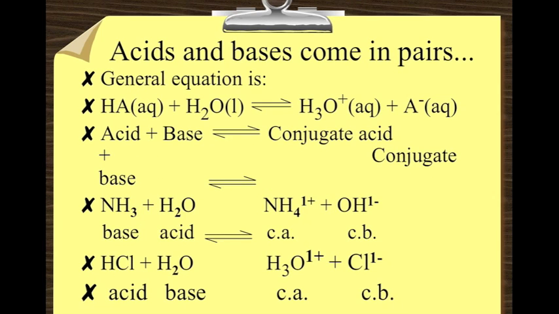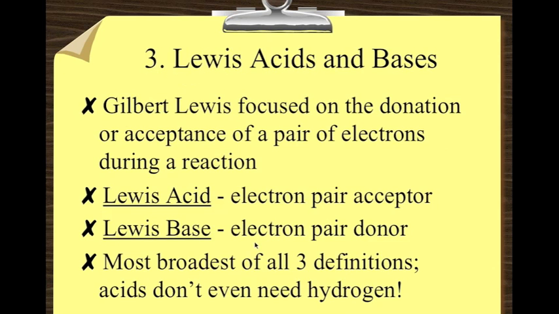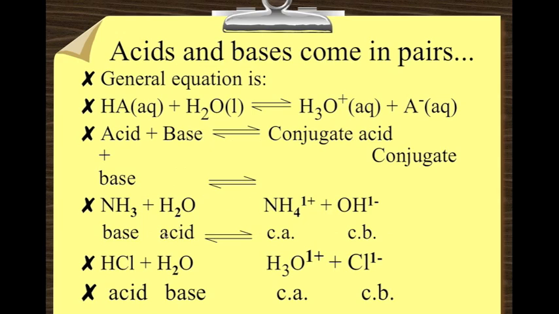Now, we can see examples of this on this page. We have our acid and our base. We know that because we're looking at the hydrogens. The water gave up a hydrogen, the ammonia took a hydrogen. So anything that accepts a hydrogen is a base.